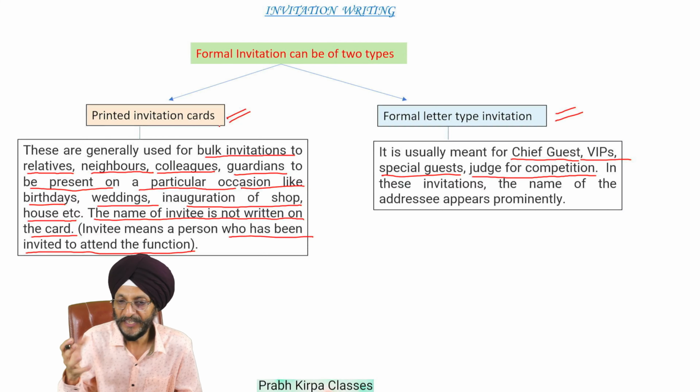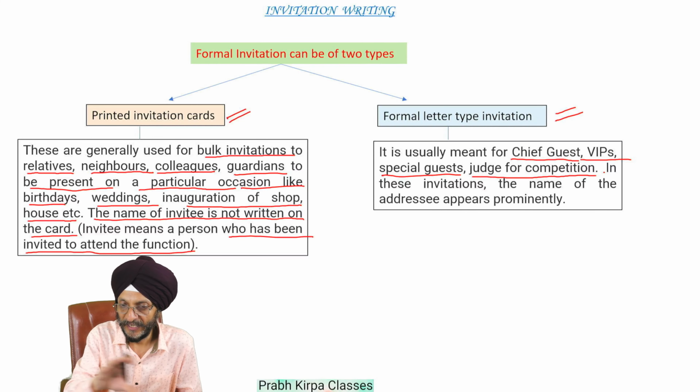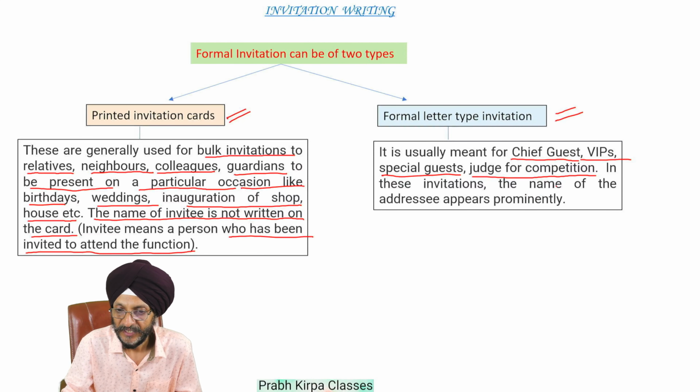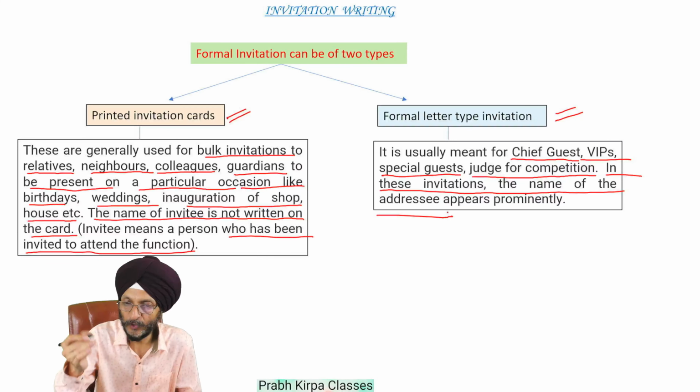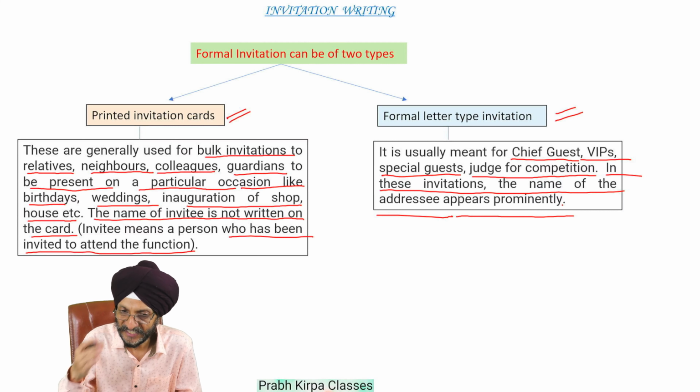So here we will use formal letter type invitation. In the case of a school, we may use the letterhead of the institution to invite guests. In these invitations, the name of the addressee, the person being invited as chief guest, VIP, or special guest, appears prominently. That is, we address the letter to them.